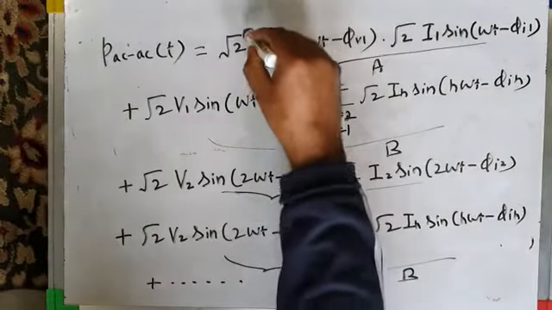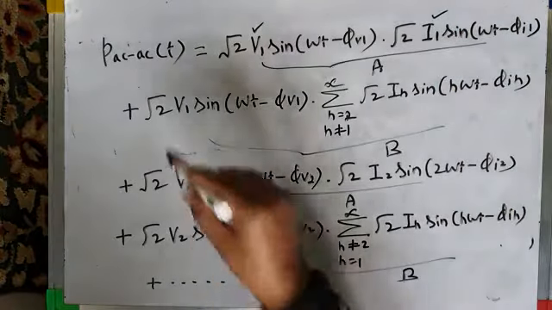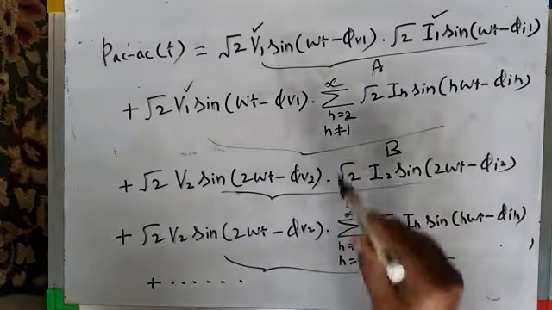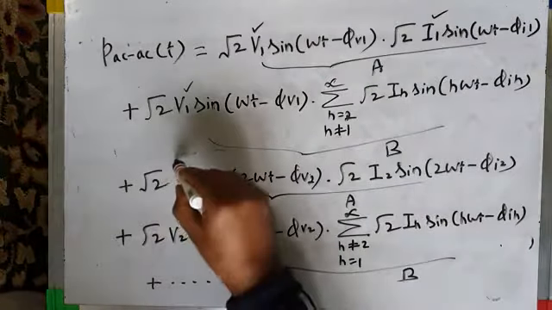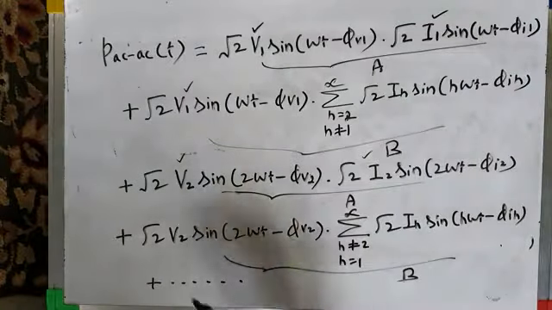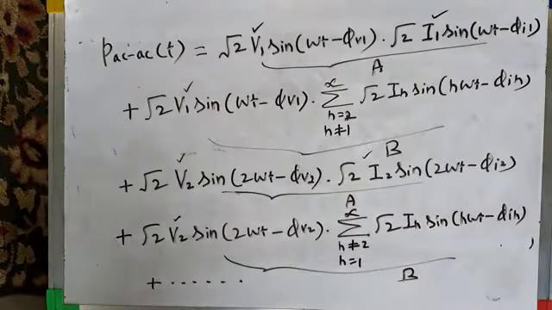See, I started with the interaction of the fundamental component of voltage with the fundamental component of current, and then the interaction of the fundamental component of voltage with other components of current other than fundamental. Then the interaction of the second harmonic component of voltage with the second harmonic component of current, and then the interaction of the second harmonic component of voltage with all other components of current other than second, and so on.